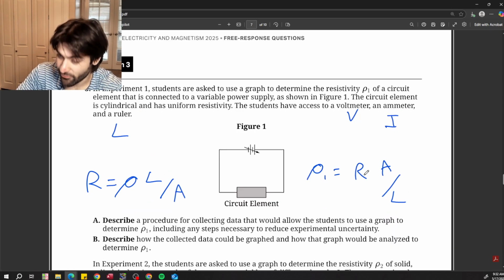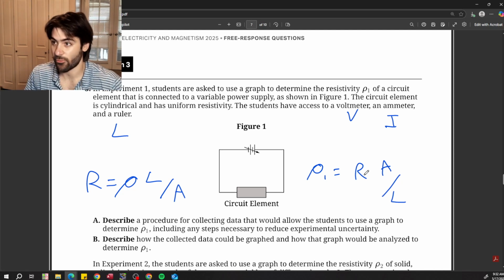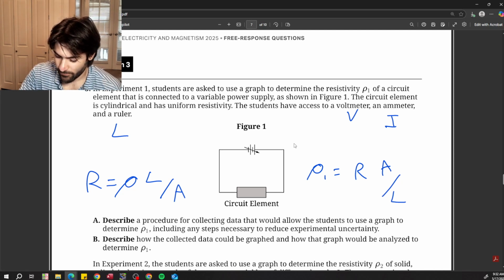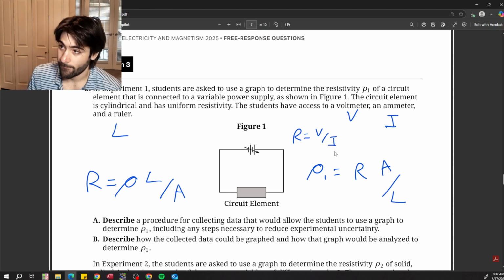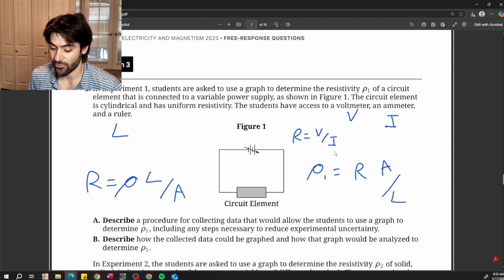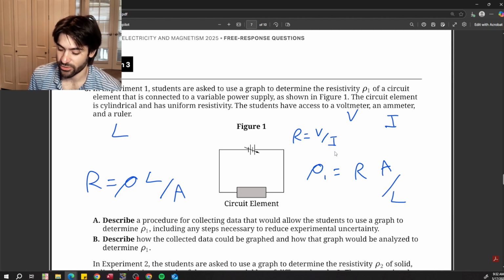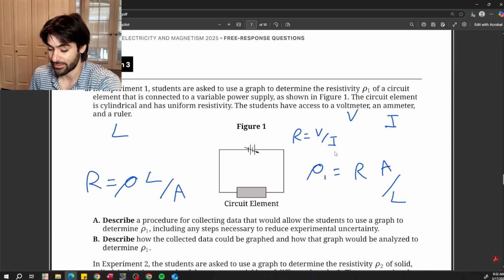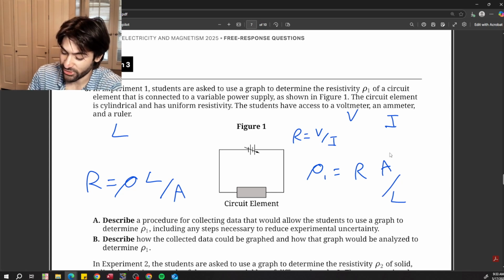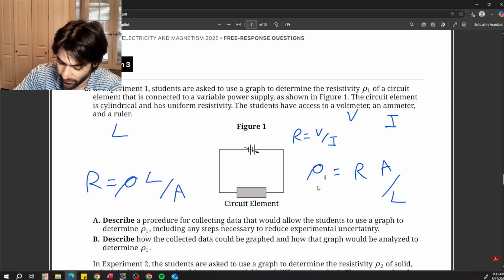As for the resistance, well, we could just use Ohm's law. We can graph voltage versus current. R is equal to V over I. And so we could essentially use the slope of a voltage and current graph to find the resistance, and then we could eventually plug all those into this equation to find the resistivity of the circuit element.